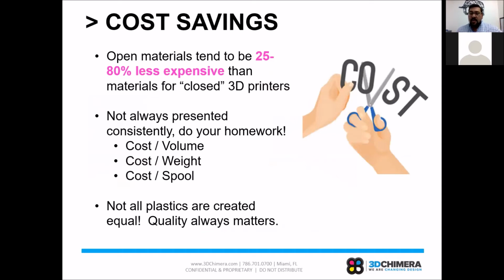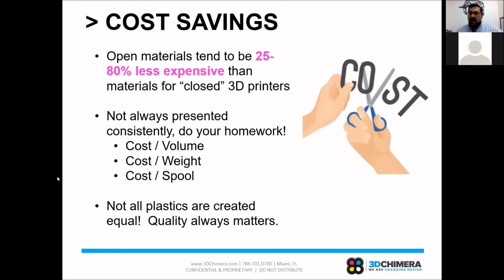There are new companies coming out every day, and that type of competition helps to drive costs down. We see that open materials can be anywhere from 25% to 80% less expensive than materials used on closed system 3D printers. They're also often significantly better in terms of mechanical performance. So they're cheaper and better, which is not a super common combination.